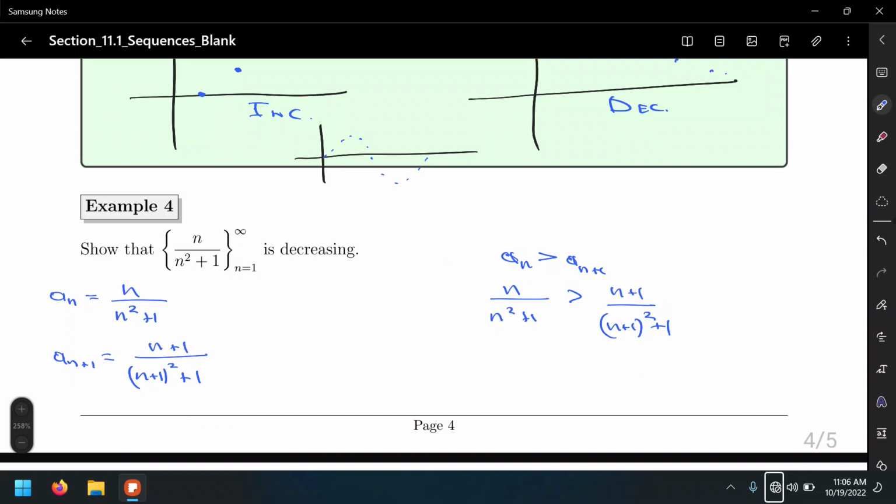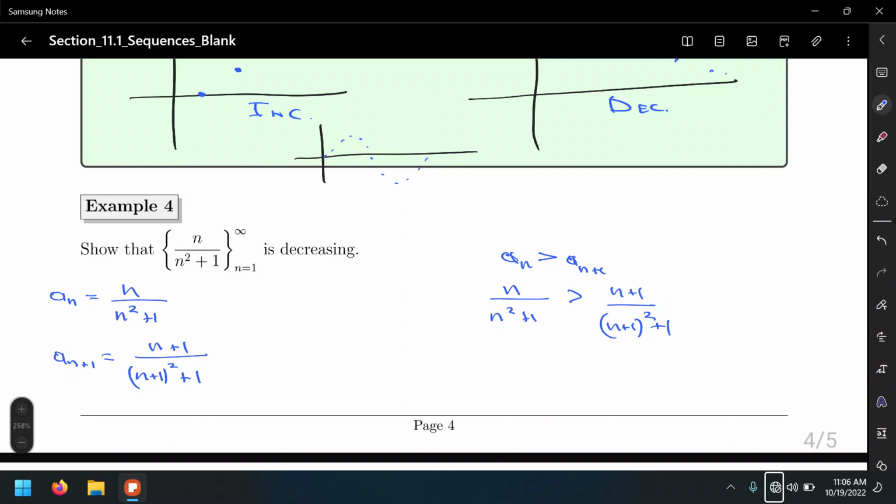At the beginning it might be deceiving because what do we have in the numerator? We have this n, but n is not greater than n plus 1. For example, is 5 greater than 5 plus 1, which is 6? That's not true, right? Or 7 greater than 8? Well, that's not true. Okay, but in this case, have a look at the denominator. Is the denominator on the right hand side bigger than the denominator on the left hand side?